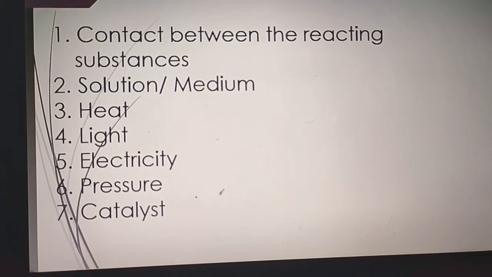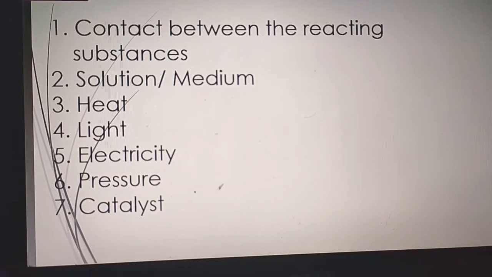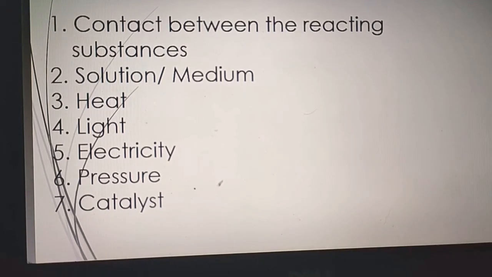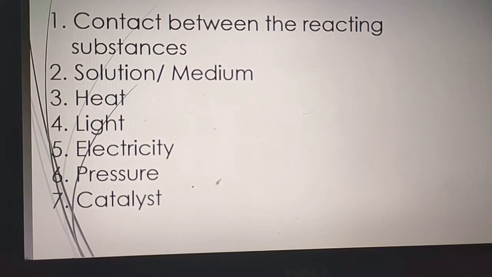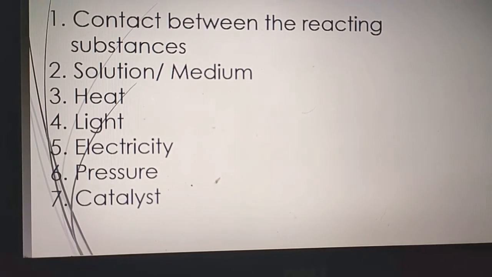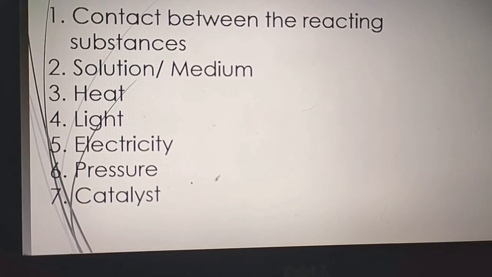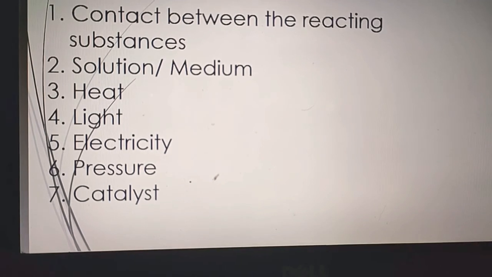But if you add a catalyst, manganese oxide, to the reaction, potassium chlorate decomposes into potassium chloride and oxygen gas, which is a fast reaction. Why does this reaction proceed faster? Because we added a catalyst to this particular reaction.